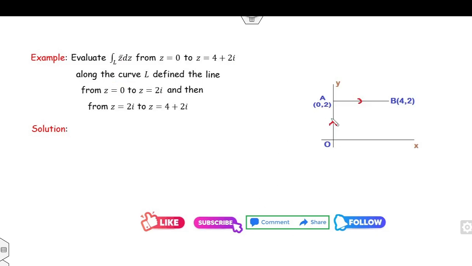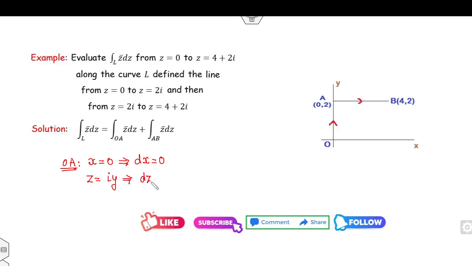Again, can you write the equation of the curve OA? What is the equation? X is equal to 0. If x is 0, this means dx is 0. If x is 0, the value of z is iota y. The value of dz is iota into dy. Similarly, on the line AB, the equation will be y is equal to 2.